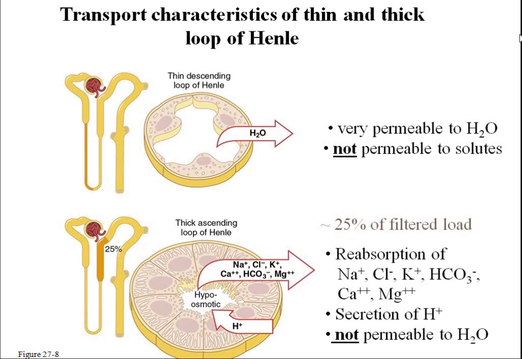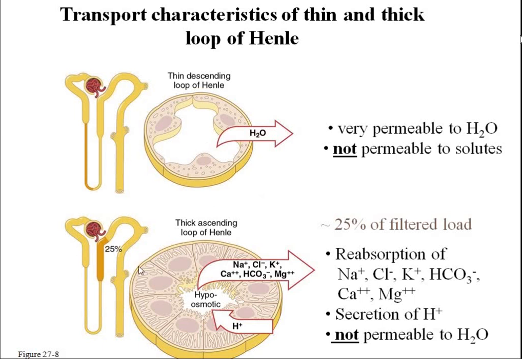You can see sodium, chloride, potassium, bicarbonate, calcium, magnesium, and hydrogen also, and it is not permeable to water. Okay, so this is a very important difference between the descending limb and the ascending limb of loop of Henle. The descending limb is very much permeable to water, while the ascending limb is not permeable to water. It is very much permeable to other solutes, other ions. So the remaining 25% of the filtered load is reabsorbed in this area.